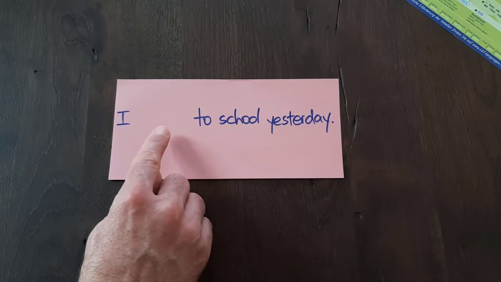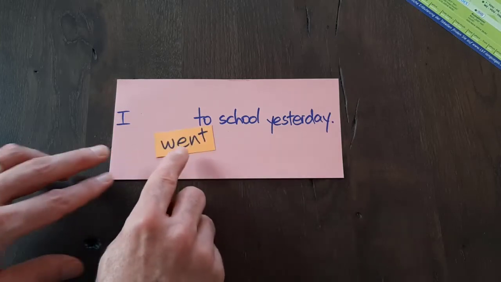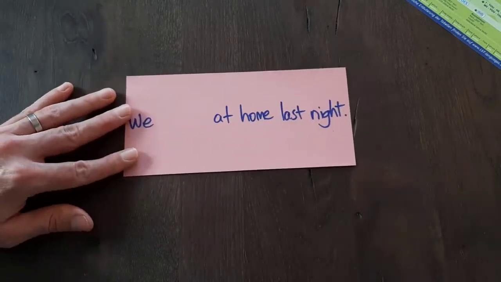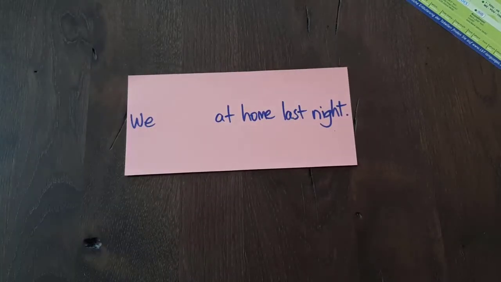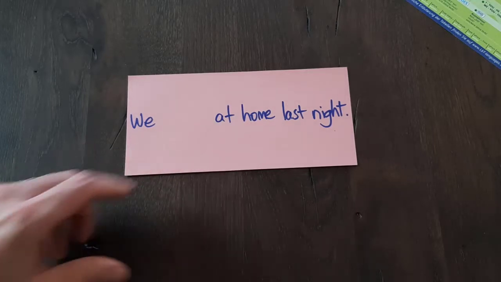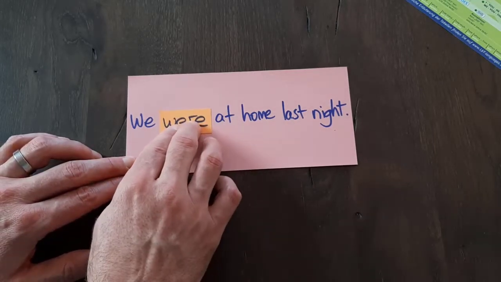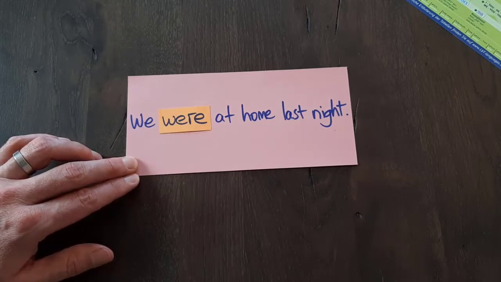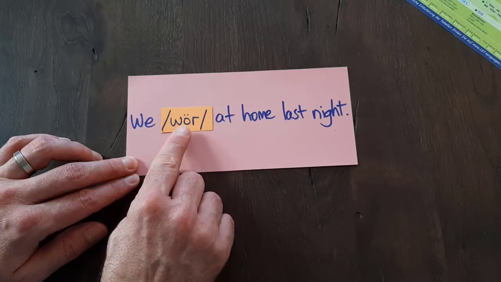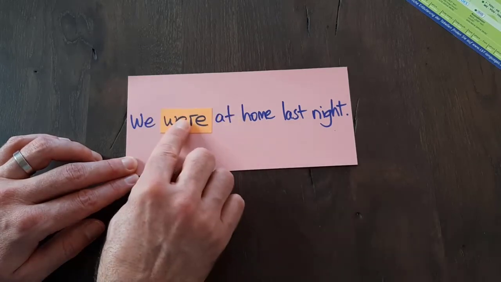Gehen, oder bin gegangen. I went to school yesterday. And the last example, we, at home last night. Wir waren zu Hause. We were at home last night, always remembering the sound is were, not where. We were at home last night.